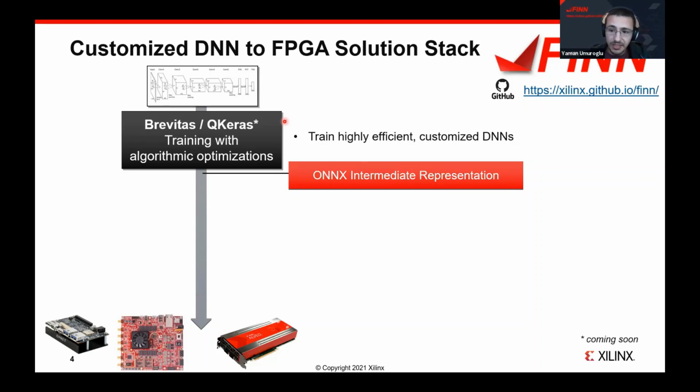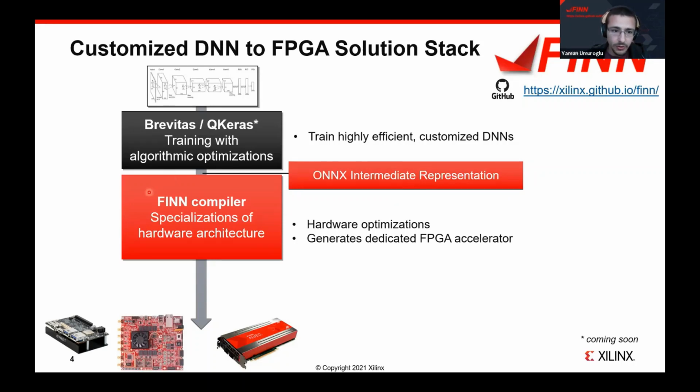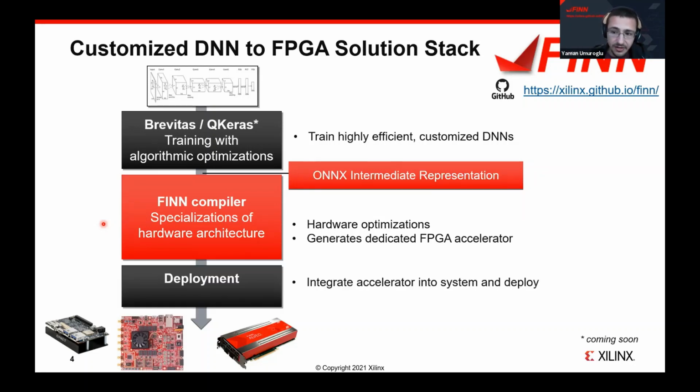This trained network will then get exported to an ONNX intermediate representation, which you are also subjected to as part of the submission requirements. And that representation is going to go into the FINN compiler, which I want to say a few more words about in a moment. The compiler at the 30,000 feet level is going to generate a specialized dedicated FPGA accelerator for this DNN. And this generated accelerator can then be integrated into a system and deployed on various Xilinx platforms, including Alveos and RFSoC devices.